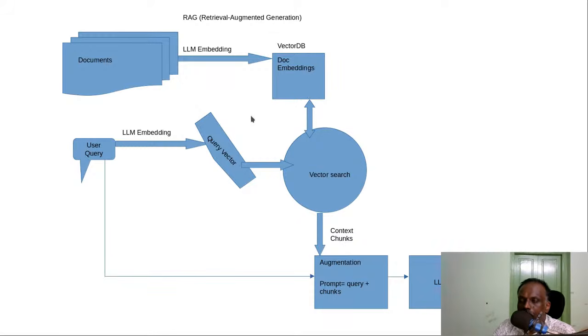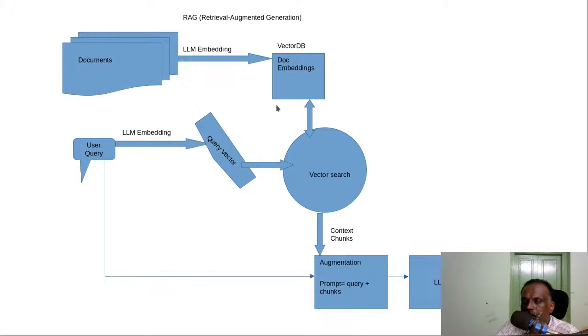Okay. So now let us see this basic pipeline. But again, this is a very basic pipeline. In real use, we have to use components like a re-ranker and a query preprocessor, which we can discuss. But here, let us just split it into two parts.